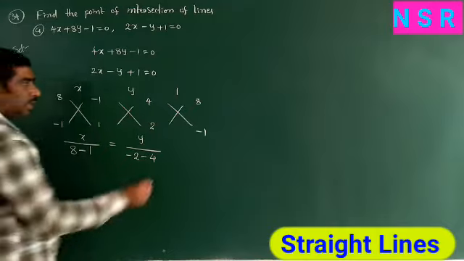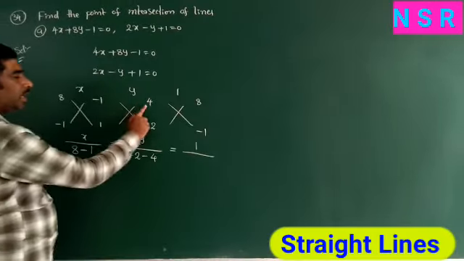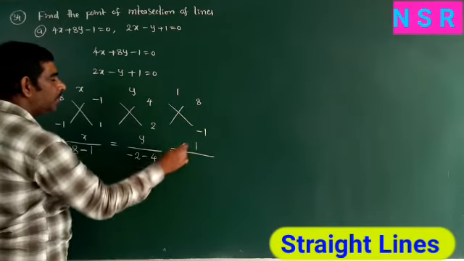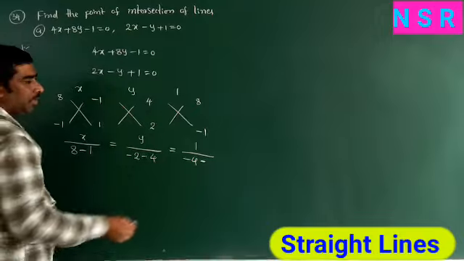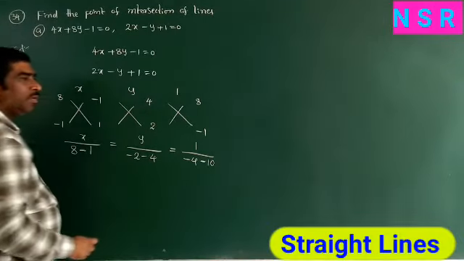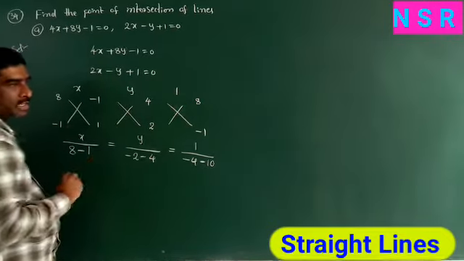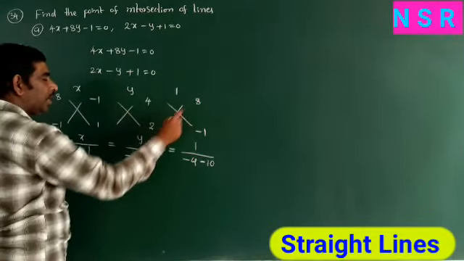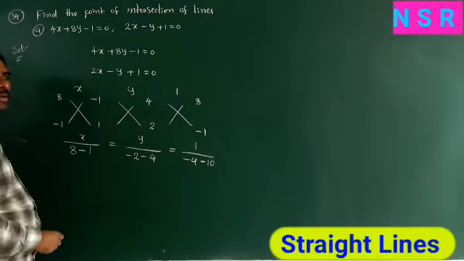Next 1 by: AD minus BC, 4 into minus 1 is minus 4, minus 8 into 2 is 10. If we have a minus in any one element of this B, C, we get plus: minus into minus, 10 plus 10.